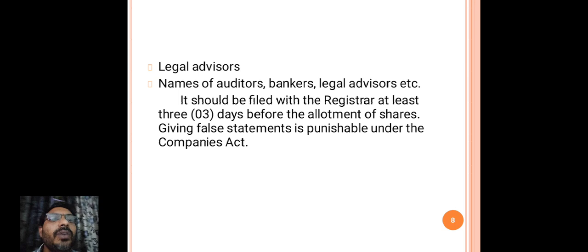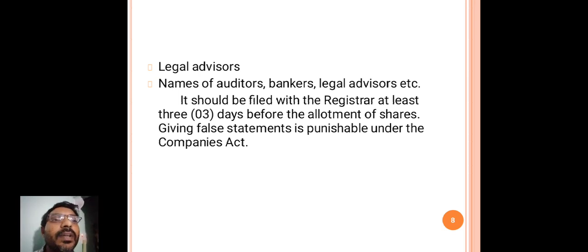And names of the auditors, bankers, legal advisors, etc. It should be filed with the registrar at least 3 days before the allotment of shares.